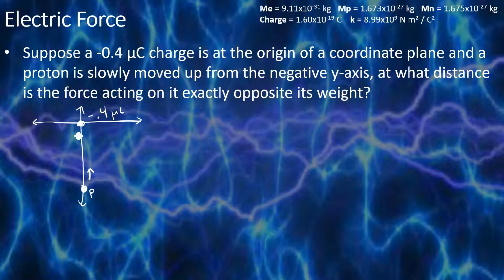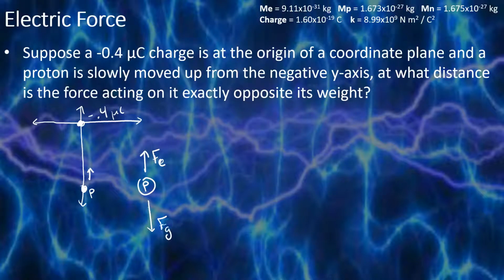And we're wondering, when is this distance going to be in balance with gravity? Now, that would mean the force of attraction towards this negatively charged area equals the force down. So on this proton, we're going to have a force up due to charge, and we're going to have a force down due to gravity.